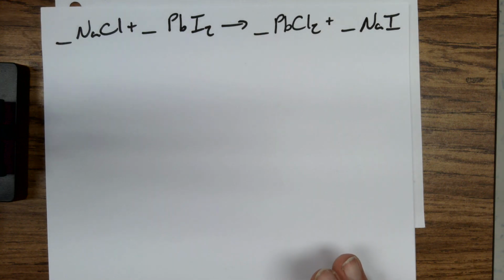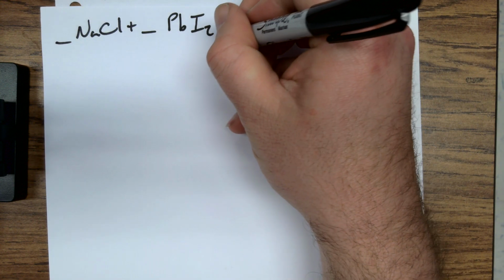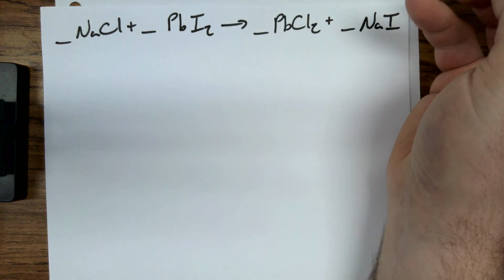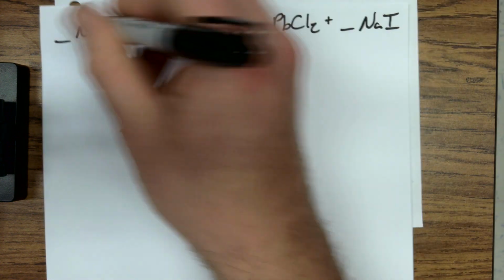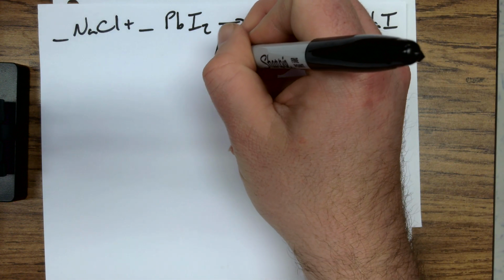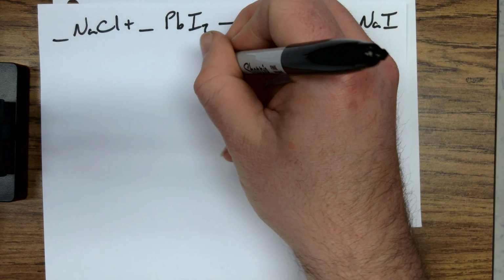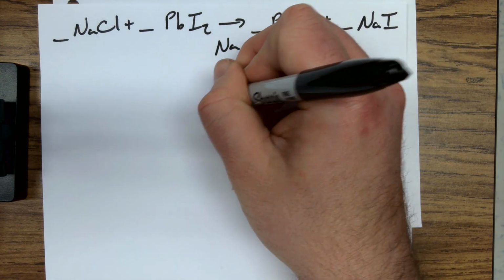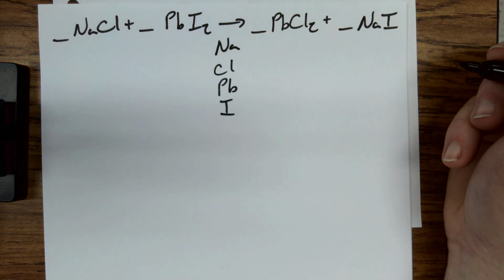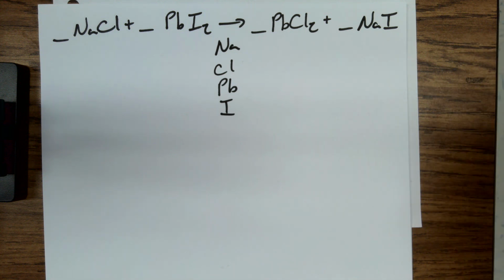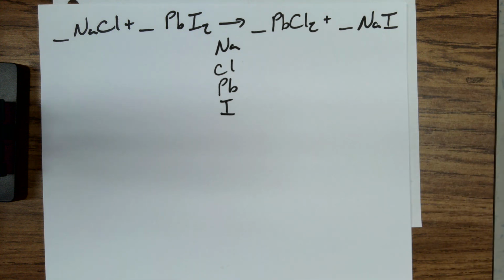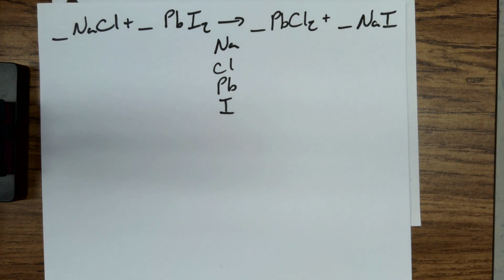Now, whenever we balance the equation, we always start off underneath the arrow, writing down all the different items that are in my equation. I see sodium, I see chlorine, I see lead, I see iodine. And when I start balancing my equation, I always want to start with something that does not match either side.